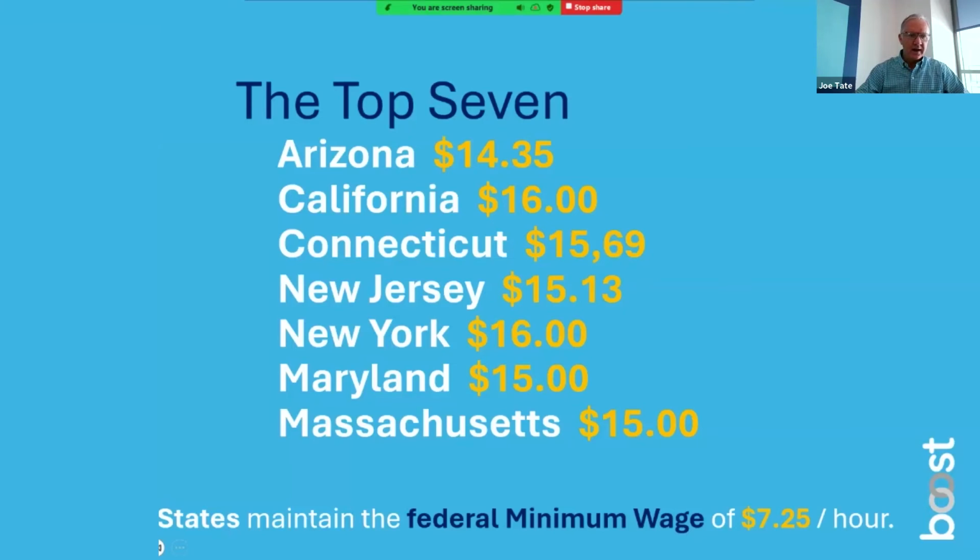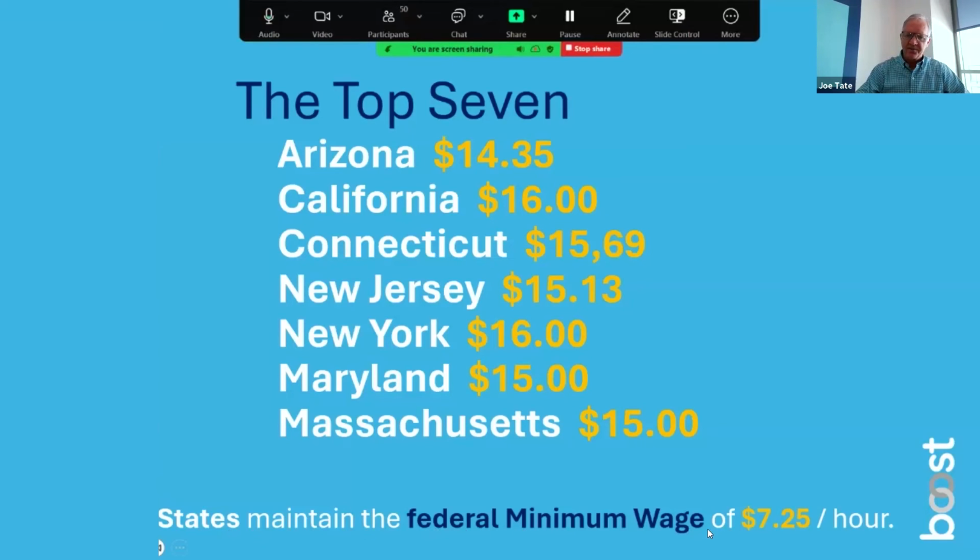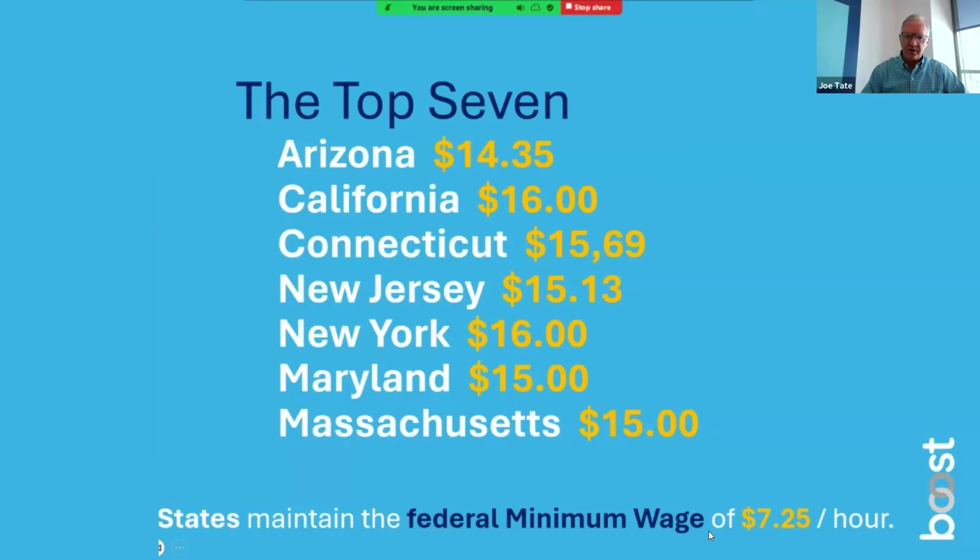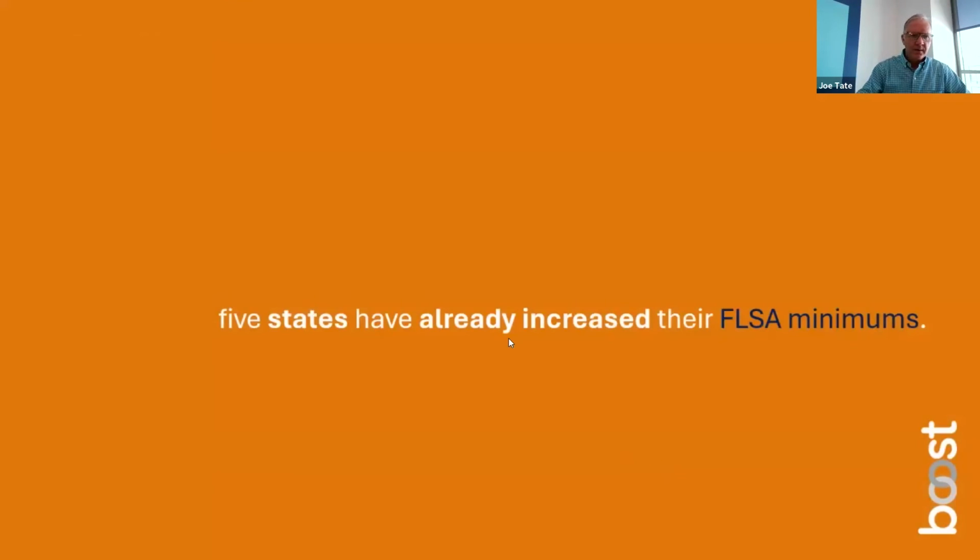And if you look at that, also there are 20 states that maintain the federal minimum wage of $7.25 an hour. Now they can maintain that. You won't hire anybody at $7.25 an hour, but some interesting numbers there. And most of these numbers now at the state level, especially these states, are pegged to increases that happen every January 1st. So here are the 5 states that have already increased their FLSA minimums.